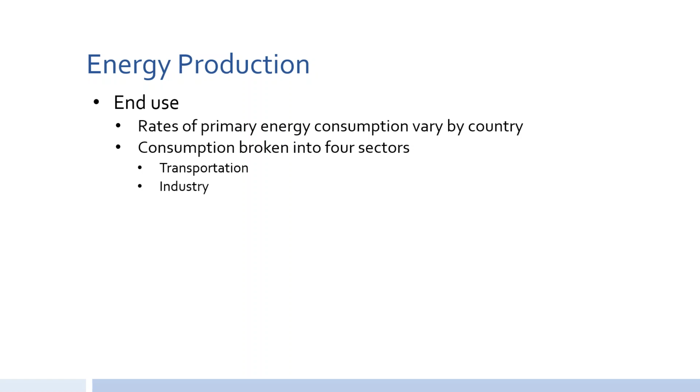Industry, all of the energy that's used to make things. And then we have residential and commercial. So commercial, not producing something necessarily, but the electricity or the fuel that we use in our homes. And then finally, you could divide that up into electricity even further.